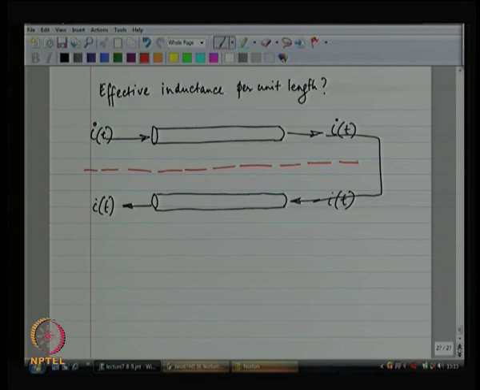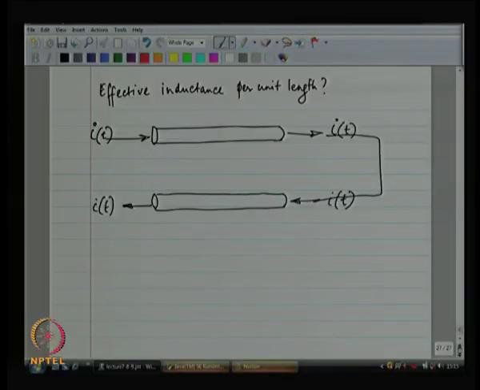Where is this ground plane coming from? It is the substrate, right. The substrate is the ground plane in this case. So, I am just going to compute the inductance per unit length of this setup, and in my mind there is a reason why I picked this setup. I hope the reason is convincing enough.